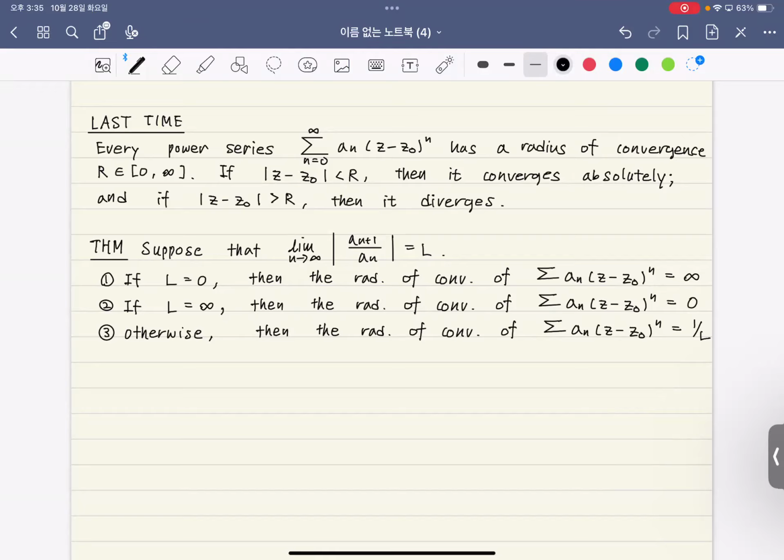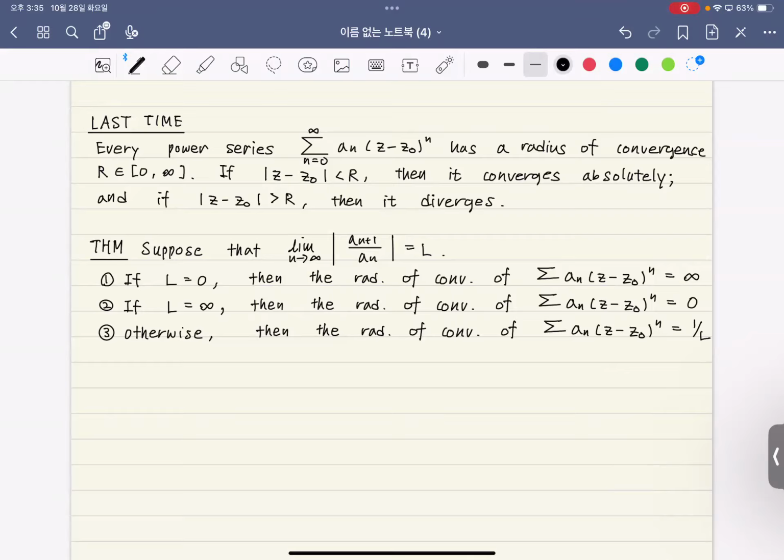If L equals 0, then we say the radius of convergence is infinity. In other words, your power series converges for all complex numbers. And if L equals infinity, then the radius of convergence equals 0. In other words, your power series only converges at the center of the power series.